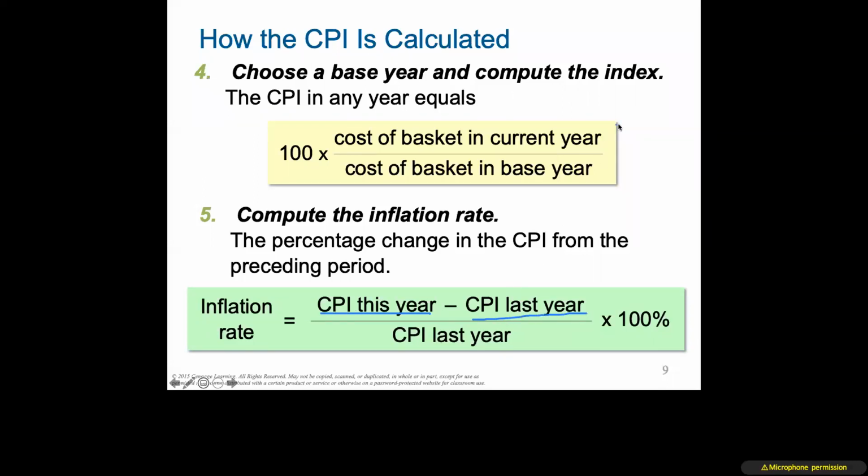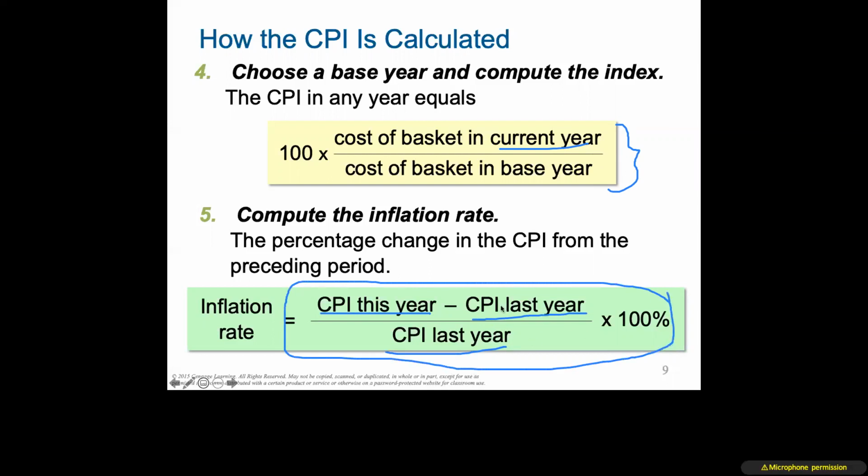So we've calculated this number for this year, and we've calculated this number for last year. And then we divide it by last year. This gives us the inflation rate, and we multiply it by 100. This allows us to know what the inflation rate is comparing this year to last year. Remember I told you it was a trend?